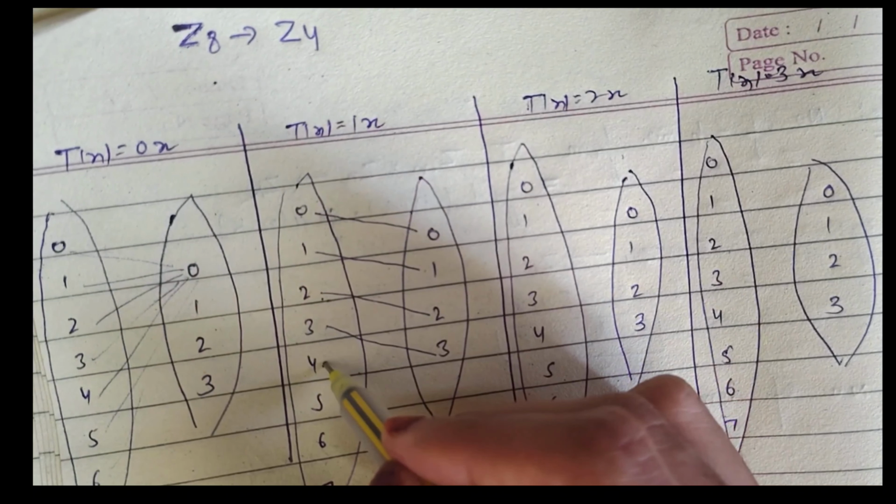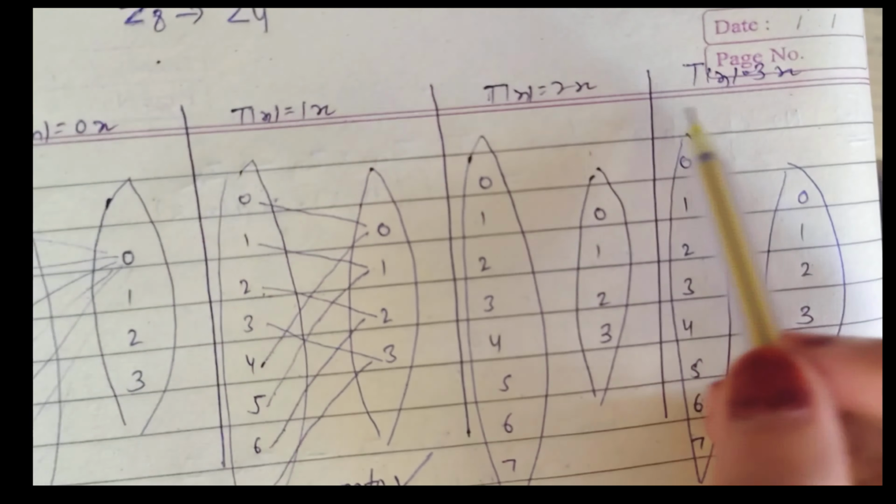In the case of 2x, the definition is T of x equals 2x.